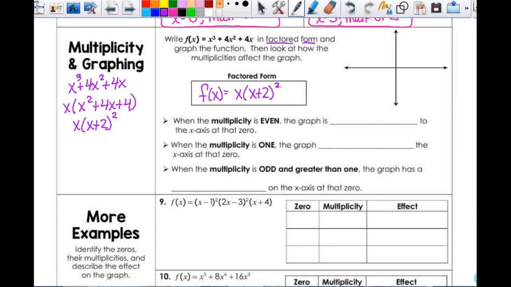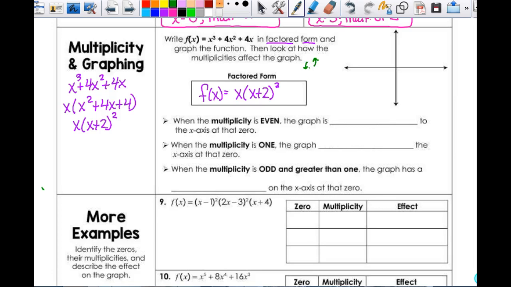So it says graph. We're really sketching. So let's remind ourselves about the sketching part that you actually turned in today. This is a cubic, so it's a third degree polynomial, right? My highest exponent is 3, which is odd. So the end behavior is opposite. And since this is positive, my end behavior is going to look like this. This is important for us to know what to graph.